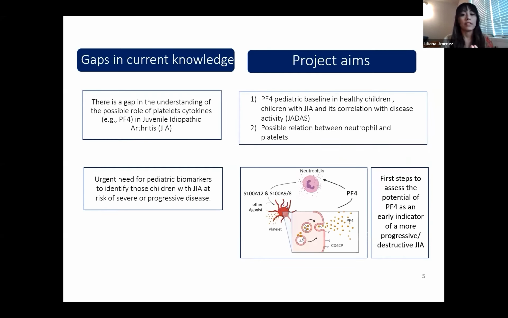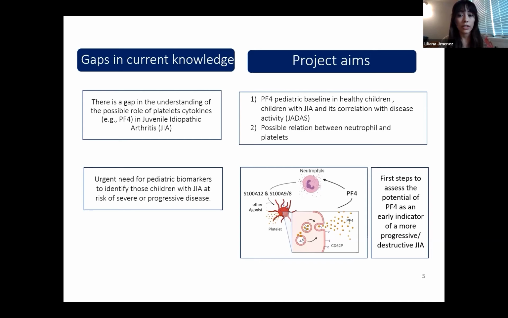Platelets and their chemokines have a well-characterized role in hemostasis. Unfortunately, there's still a gap in the understanding of how platelets and cytokines could be involved in JIA. Despite the urgent need for pediatric biomarkers, there are no validated means to identify children with JIA at risk of a more severe or progressive disease that might need a more aggressive treatment.